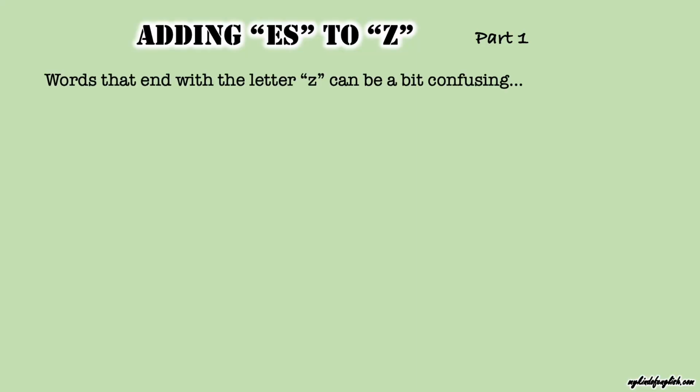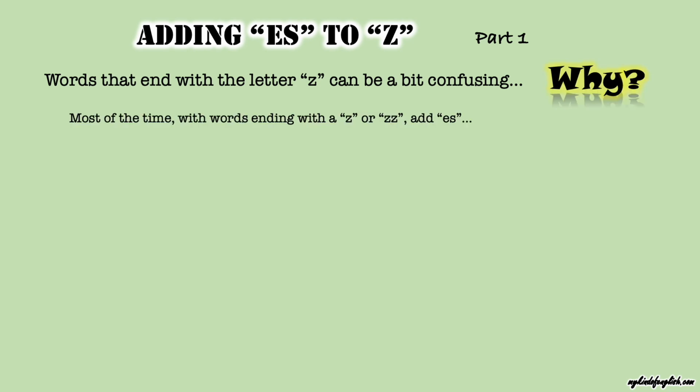Adding ES to Z, Part 1. Words that end with the letter Z can be a bit confusing. Why? Most of the time with words ending with a Z or ZZ, add ES, but not always.